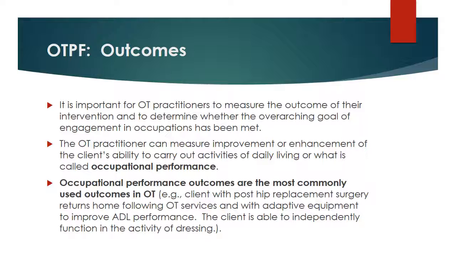So, in other words, in plainer terms, if we're looking at the outcomes for someone who has had a hip replacement, and let's say when they were at the hospital, maybe the OT at the hospital indicated that the client needed to be assisted in order to complete the toileting task.